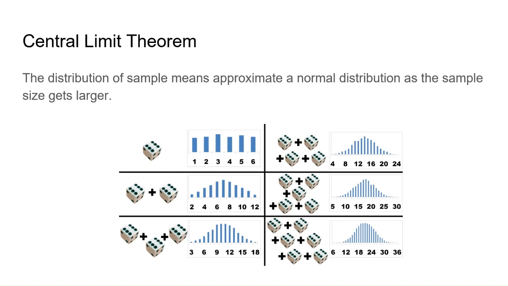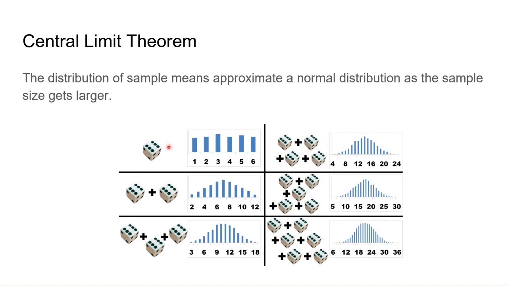The most important concept in statistics and to make sense of a population is the central limit theorem. The theorem states that the distribution of sample means drawn from a population will approximate a normal distribution as the sample size gets larger, regardless of the population distribution.